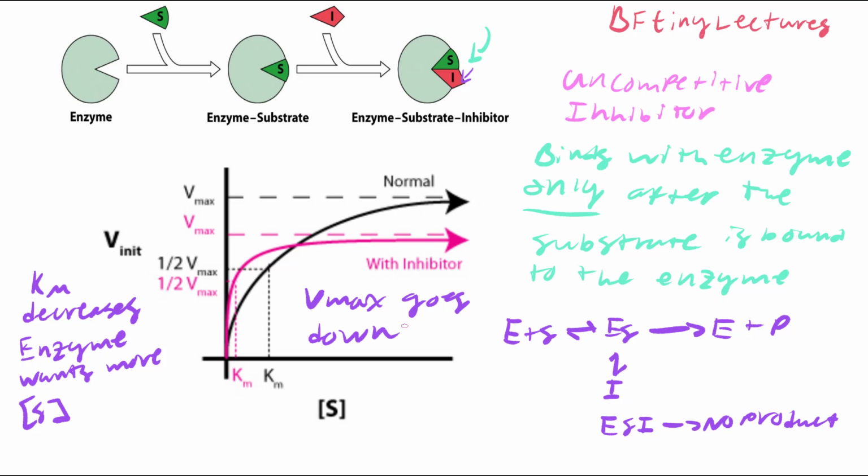It's still going to shove itself into the enzyme with the substrate. Okay, so it cannot be overcome with increasing S. Okay, so yeah, that's about it for the inhibitors.